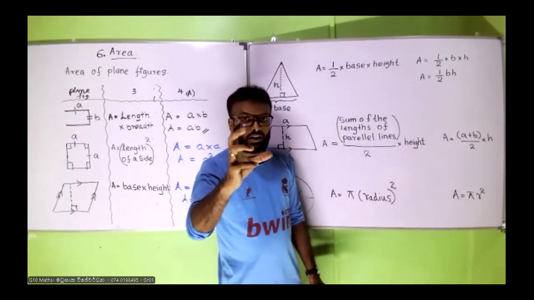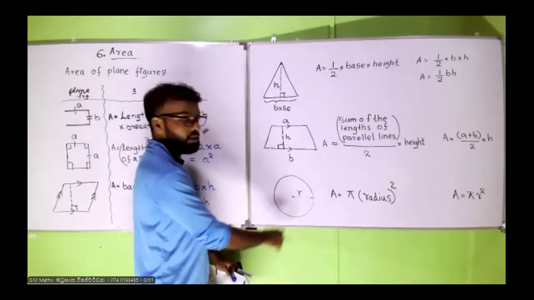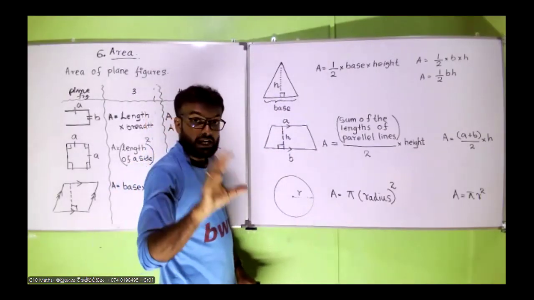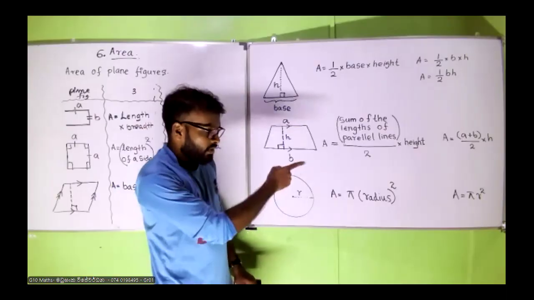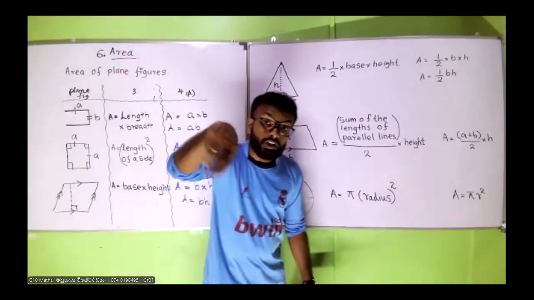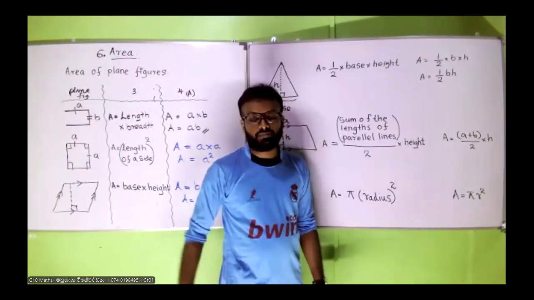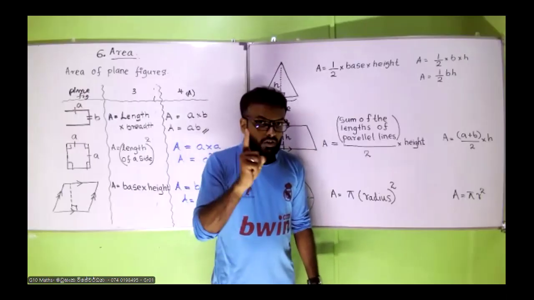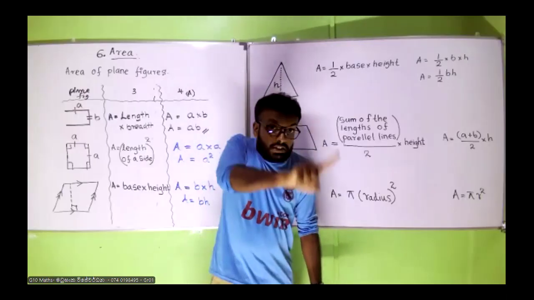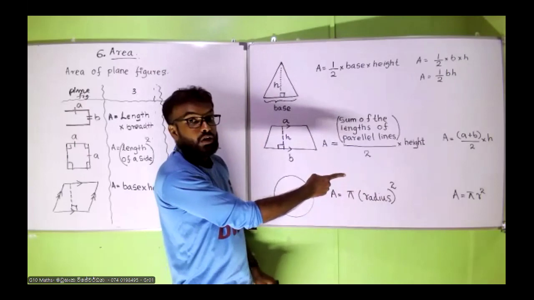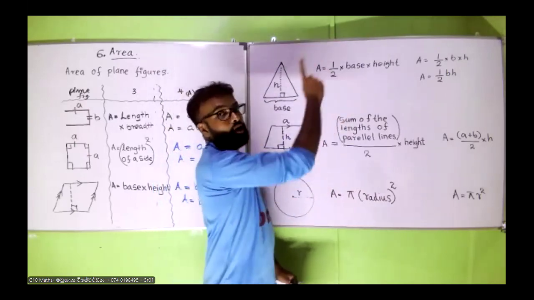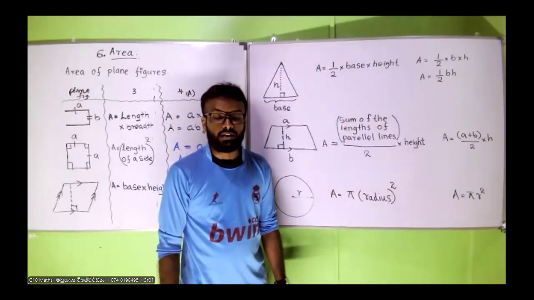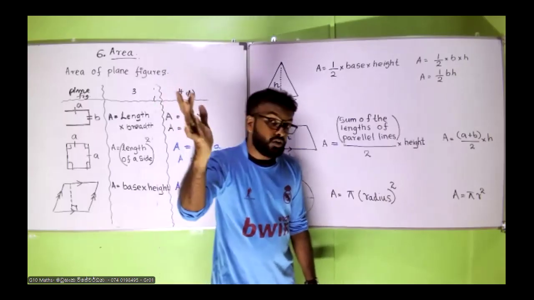The most important thing you need to remember when you move under the area lesson: A equals πr squared for a full circle. Correct? For a full circle, the area can be calculated by using A equals πr squared. Keep that in your mind.